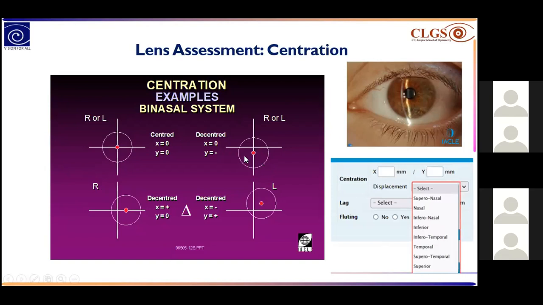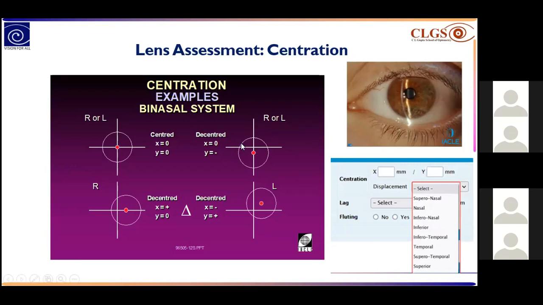So how do we have to record? In this image you can see there is a recording process. For the right eye it's well centered, which means the x-axis is around 0 and the y-axis is also 0. But for the left eye, the lens has decentered inferiorly in the y-axis direction. So this is your y-axis and this is your x-axis.